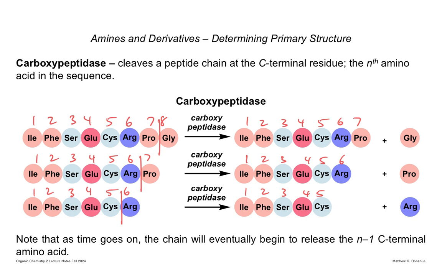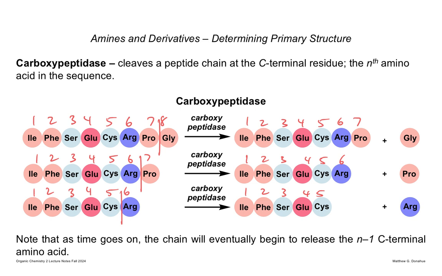If you're able to measure the rate at which this happens, you would see that the carboxypeptidase is not just going to stop on that first fragment. You would see that glycine is going to be formed in the largest amount when you first start the reaction.